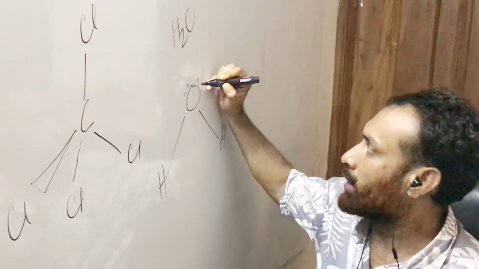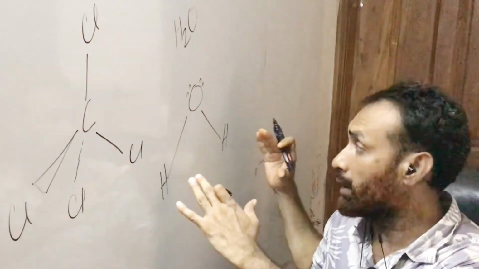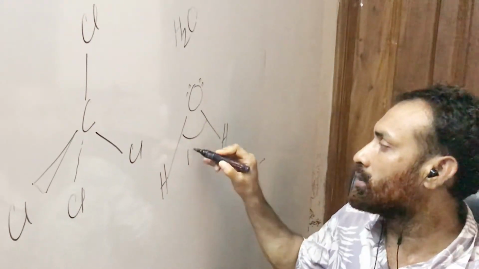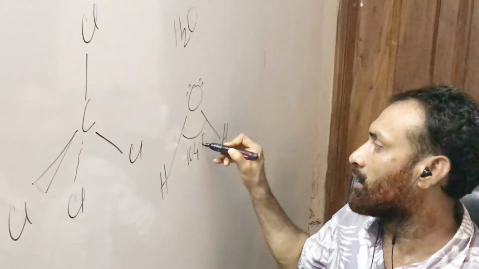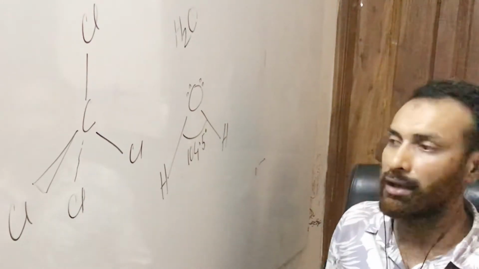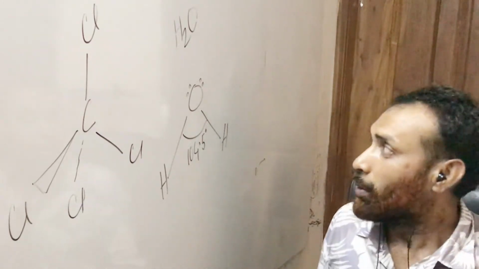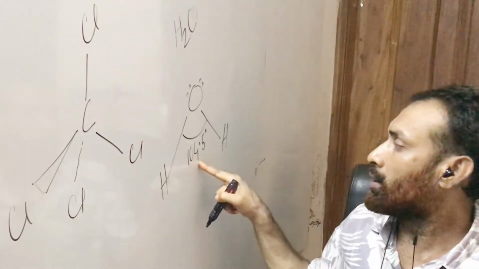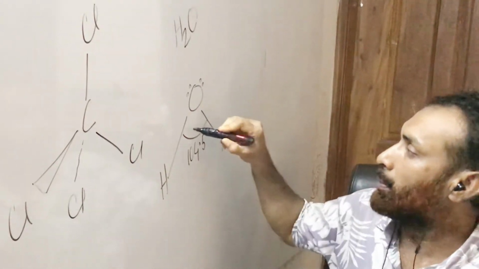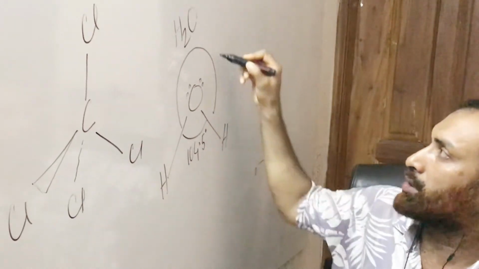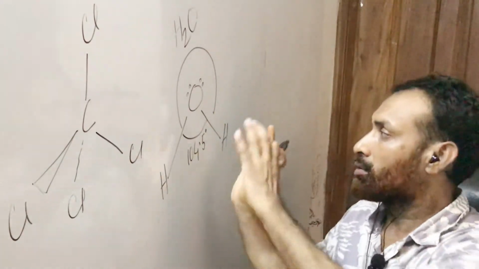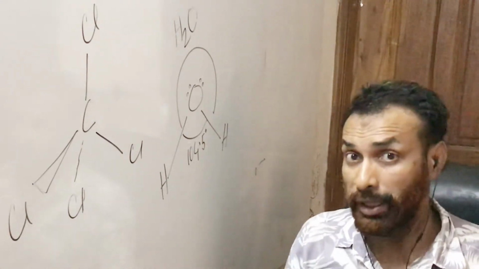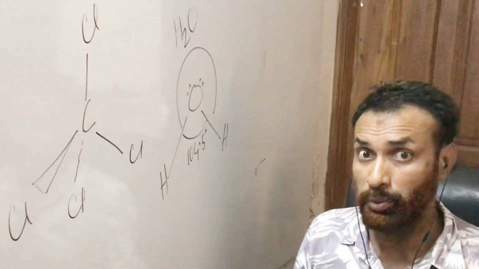Two lone pairs of electrons cause the bond angle to be like this, 104.5. This is the bond angle between the two hydrogen atoms. Why is the molecule not symmetric? Here you get 104.5, but this side is big, and the other side is not the same. So that won't be a symmetric molecule, and this would be polar.